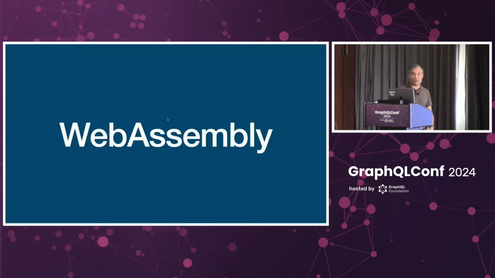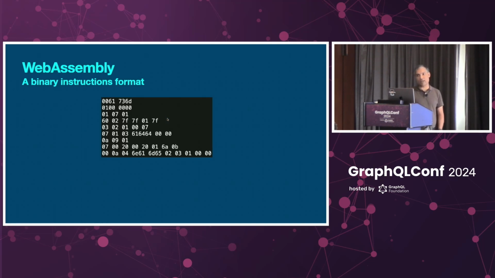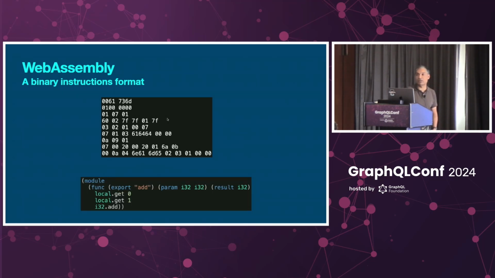Next, a little bit about WebAssembly. WebAssembly at the core of it is a binary instruction format. If you look at WebAssembly and print it as hex, you will see something like this. Now this is not going to make immediate sense, right? So there is an alternative format called WebAssembly text format.